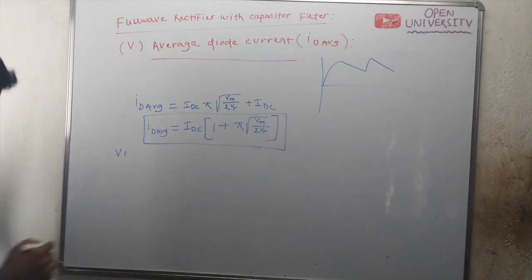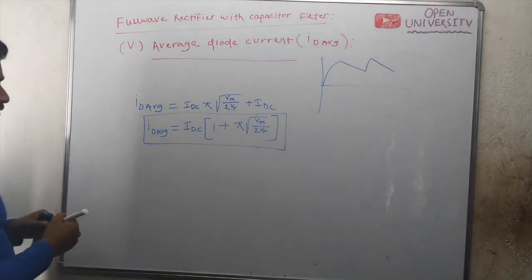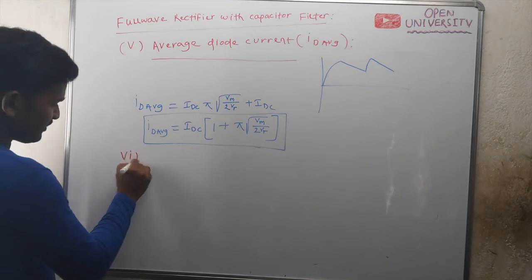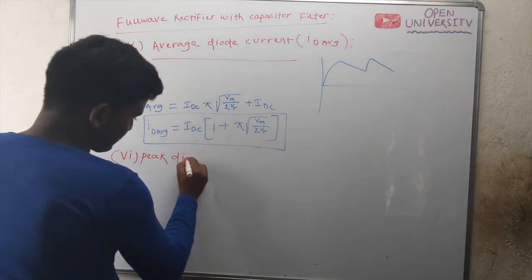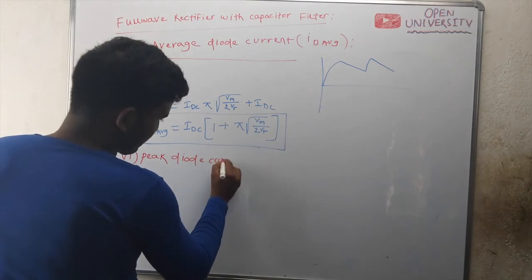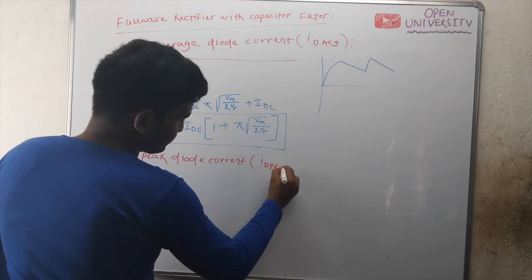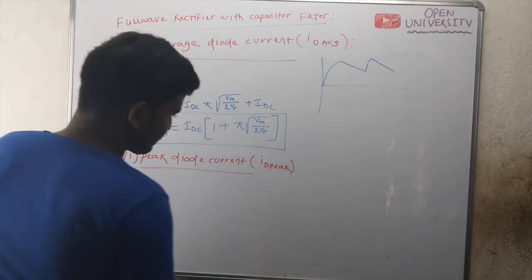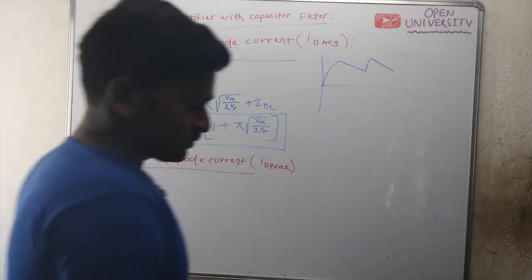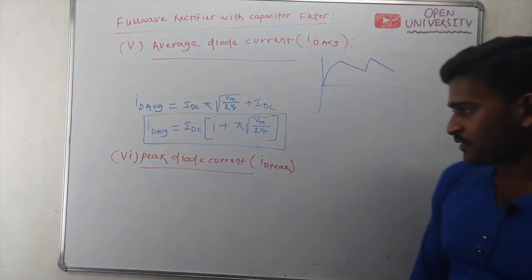Before discussing this fourth point angle of conduction, let's discuss this peak diode current. Okay, sixth point, peak diode current, that is ID peak. What is peak diode current? It is the maximum current through the diode when capacitor charges.